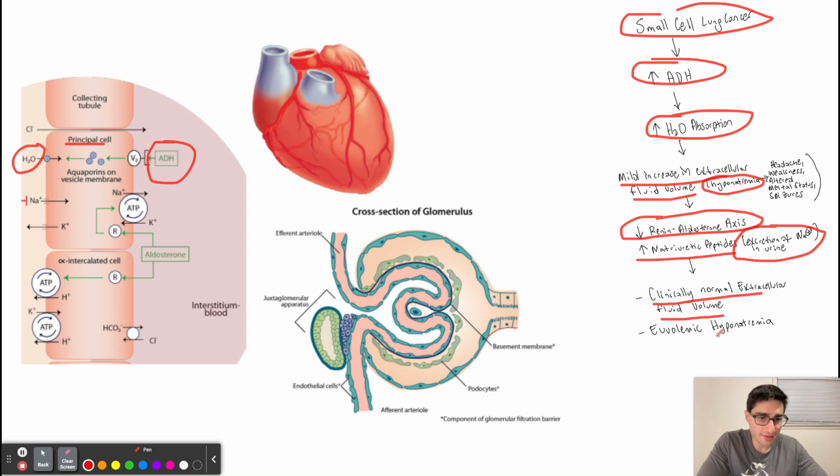But we still have hyponatremia because, remember, in order to get rid of that volume, we're releasing sodium. So we're getting rid of sodium in order to get rid of that extra volume. So we're still going to be in a hyponatremic state, but because we got that extra volume excreted out, we're going to be euvolemic. So there's going to be euvolemic hyponatremia going on.